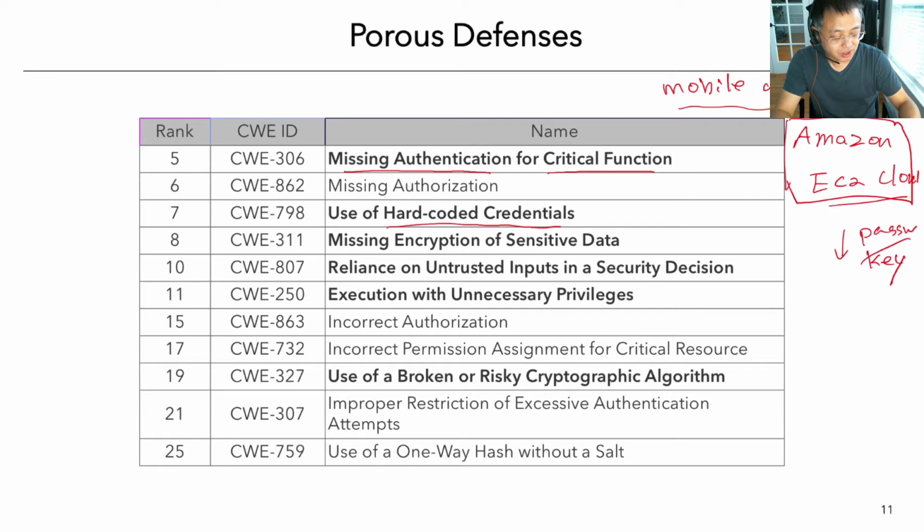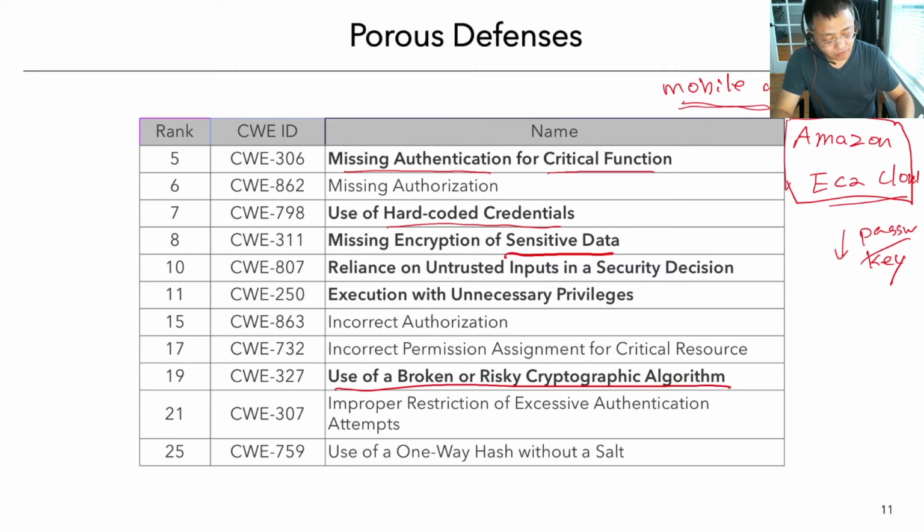They have this whole infrastructure built to support this kind of application. Okay, missing encryption over sensitive data. The sensitive data must be kept secret. Relying on untrusted inputs in security decisions. And use of a broken or risky cryptographic algorithm.